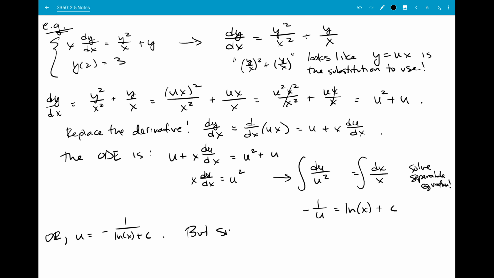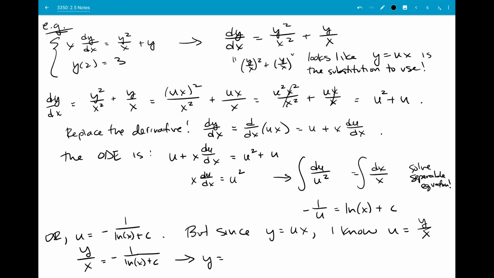But since y equals u times x, I know u equals y over x. So I have y over x is negative 1 over natural log of x plus a constant, or y is equal to negative x over natural log of x plus a constant.